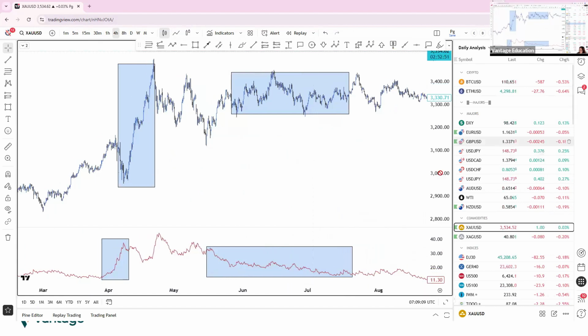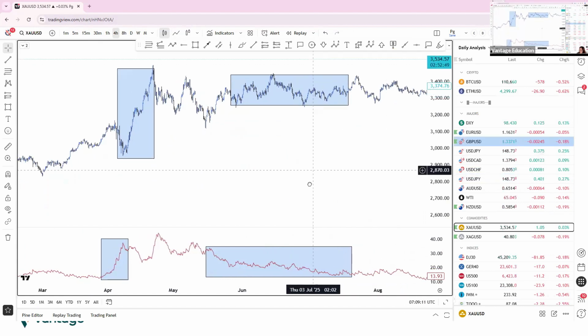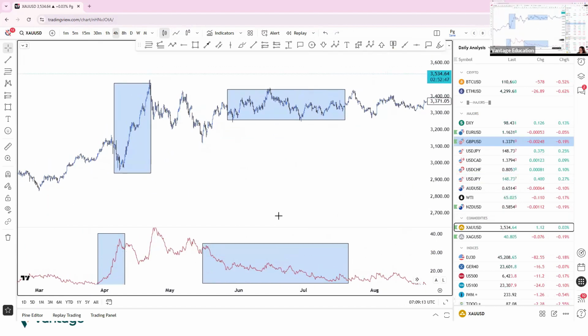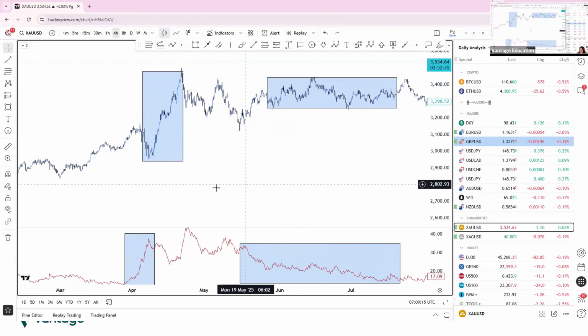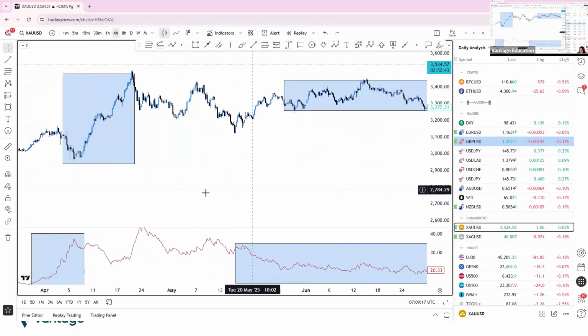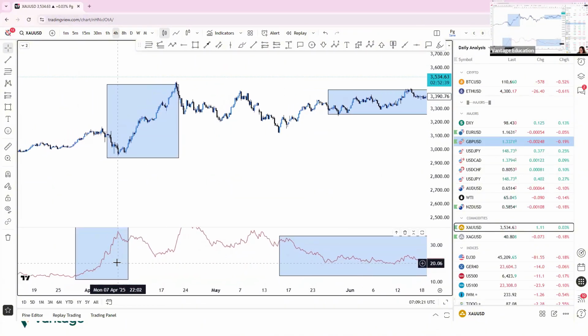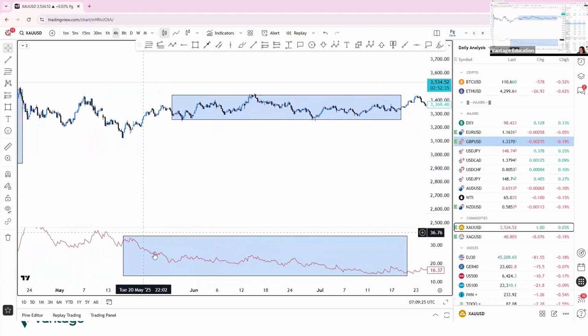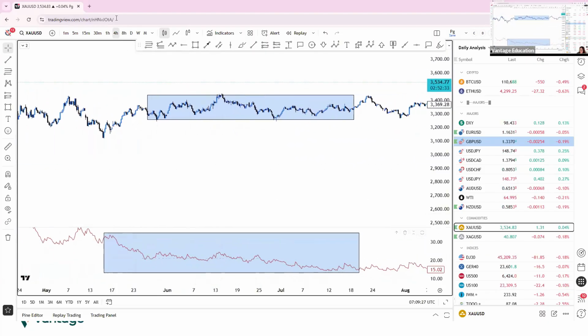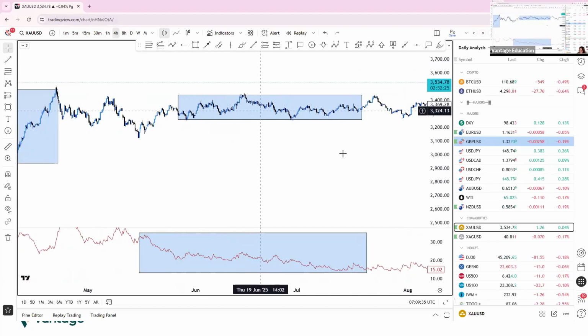Look here. Whenever you see the ATR increase, it means the market has volatility. Like over here, somewhere around here, you will see the market has a bullish move. After that, if you look at the ATR, this is the H4 time frame, whenever you see the ATR with no volume right here, it means the market is sideways.